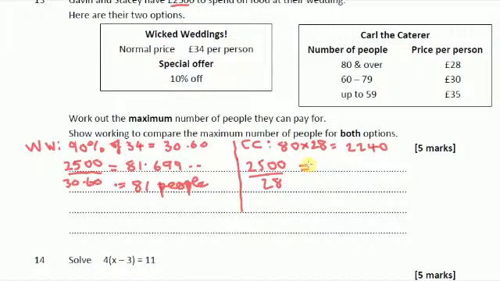And I think it's 89.28 something. So that means they can pay for 89 people if they go with Carl the caterer. So the maximum number that they can pay for is 89.